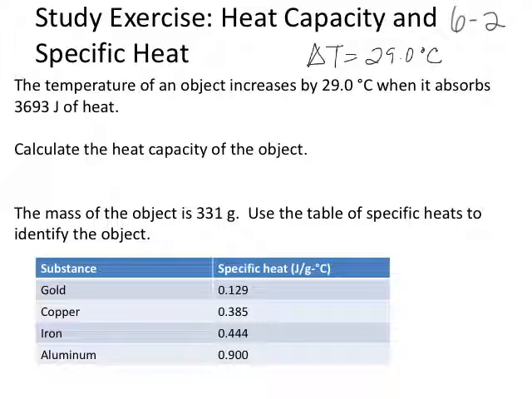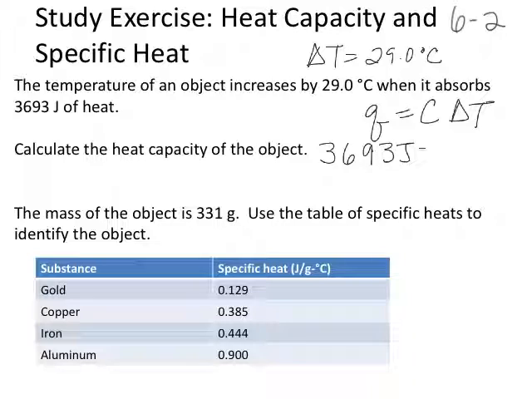Now, your equation here is Q equals heat capacity times the change of temperature. And so then we just plug and check, 3,693 joules of heat equals C times 29.0 degrees Celsius.